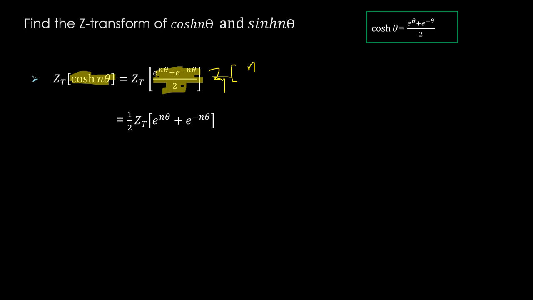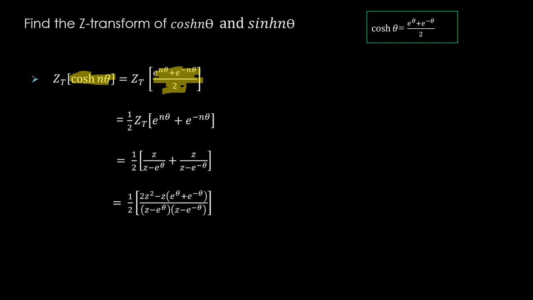Applying the standard result, you'll get z transform of cos hyperbolic n theta as half times z divided by z minus e power theta plus z divided by z minus e power minus theta.